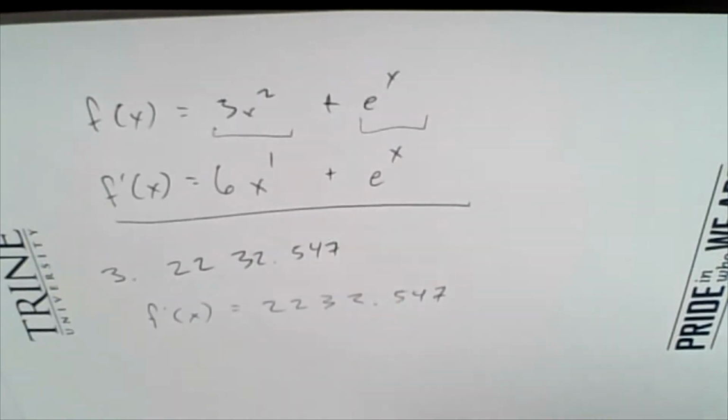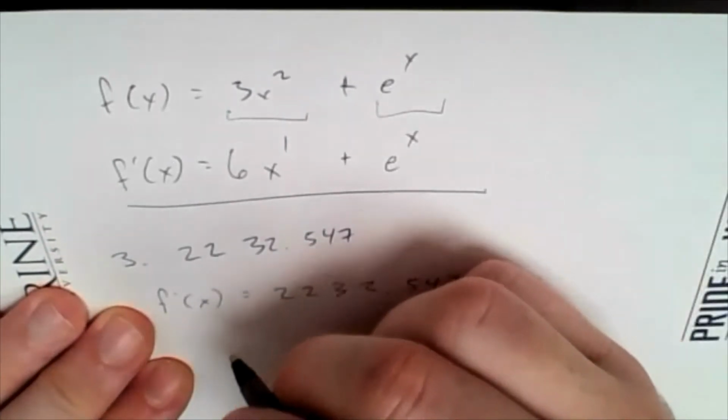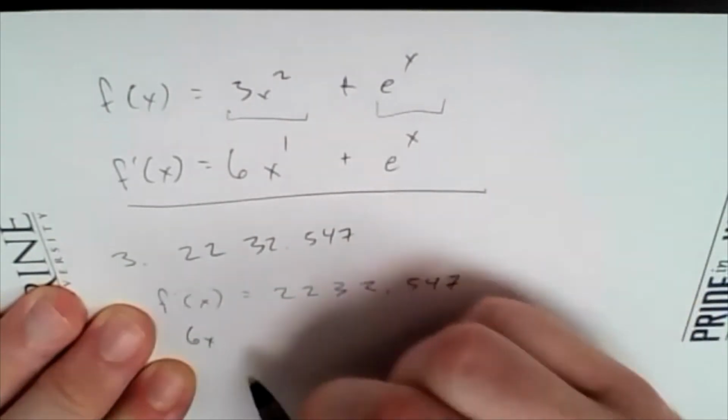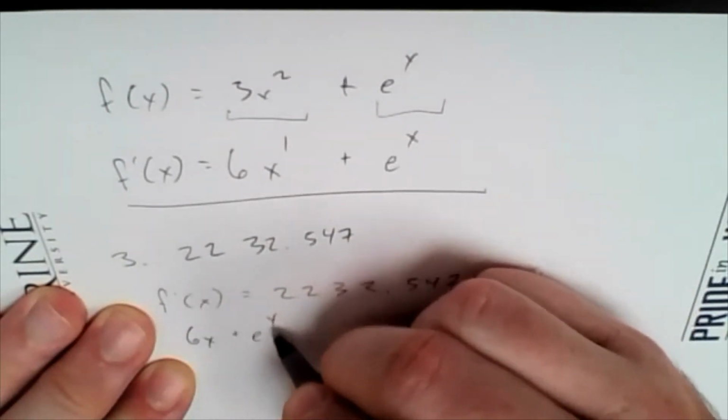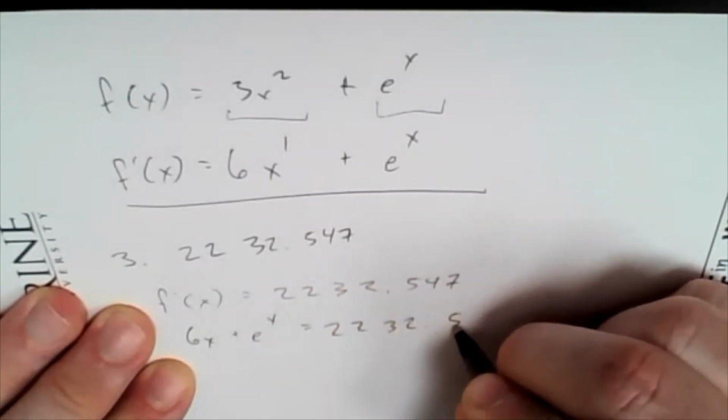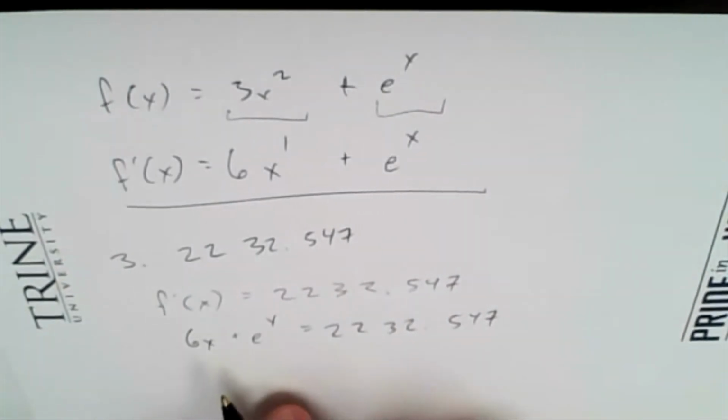Now, this is a problem that is difficult, algebraically at least. If I'm asking for 6x plus e to the power x equals 2232.547, it's difficult for me to separate these x's.